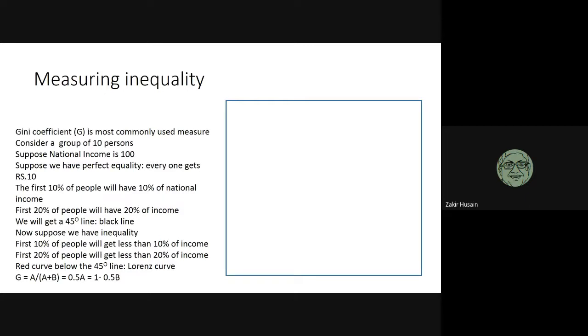In Gini, what we do is we create a quantile, or rather we create a percentile group. Let us suppose that we have a national income of 100 and a group of 10 people. If you have perfect equality, then everyone will get rupees 10. So if we take the first 10 people, over here we have plotted proportion of population and proportion of income.